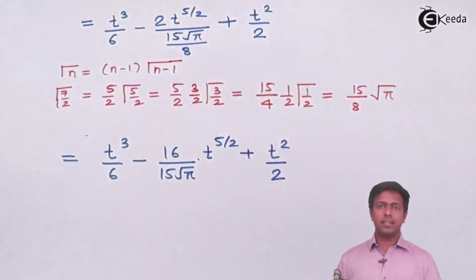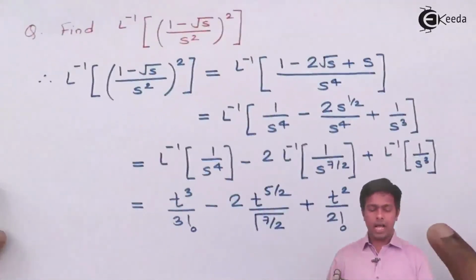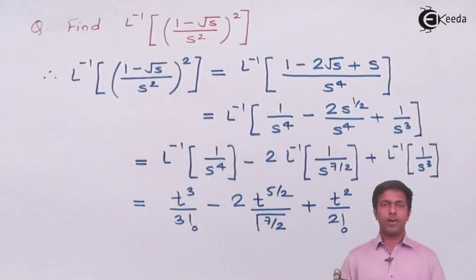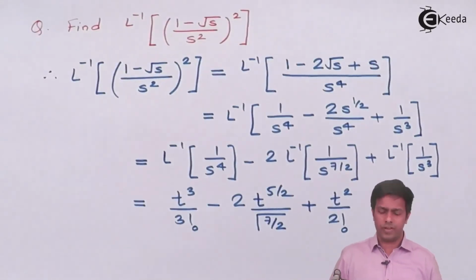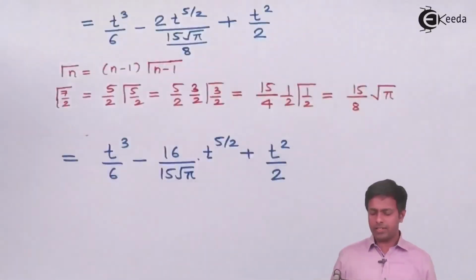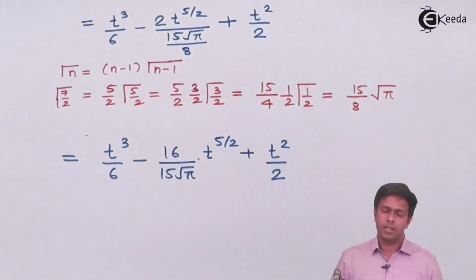And guys, this is nothing but the answer of this function. So here we got the inverse Laplace transform of the function of s, and you can observe that the final answer is a function of t. Thank you very much.